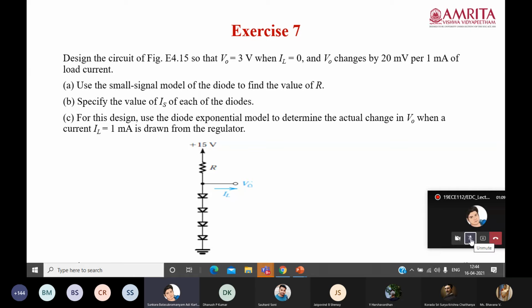Till today's class is the quiz 1 portion.